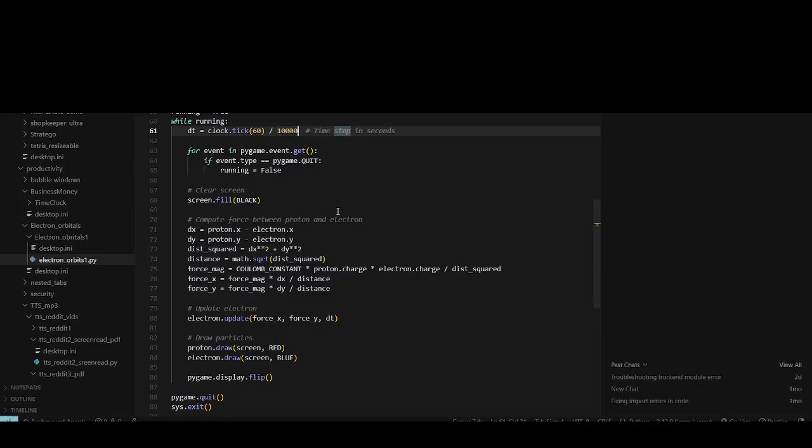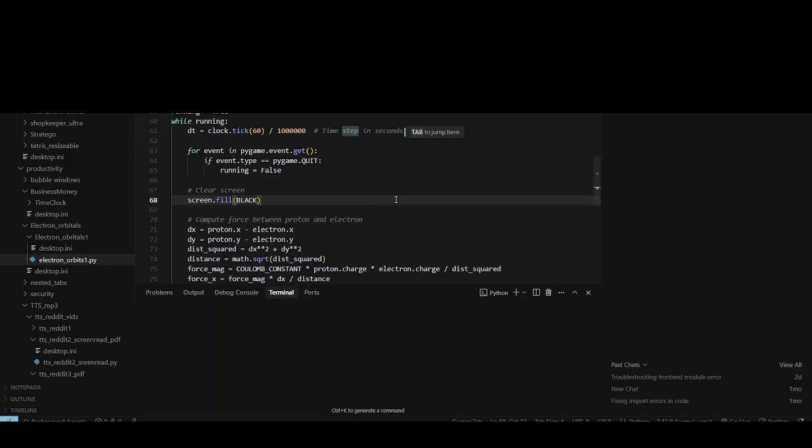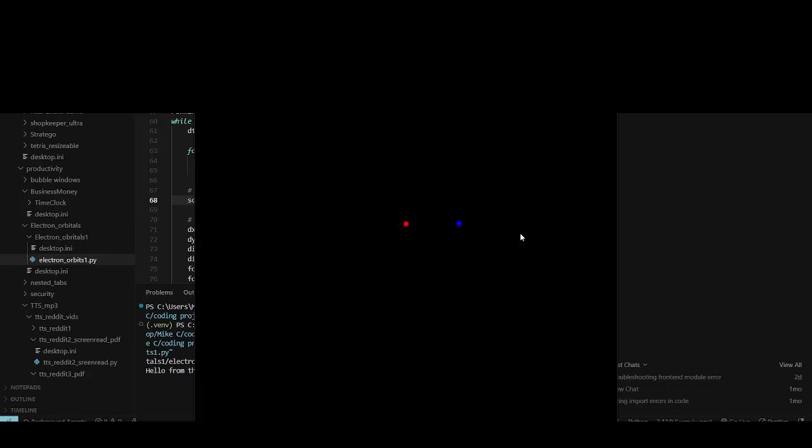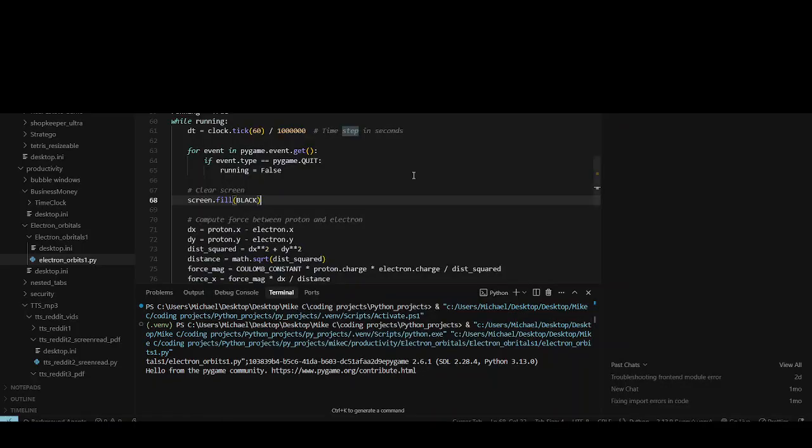So what if we add a few zeros there? Okay, so I could be maxing out the computer. Okay, I think that one's slower.